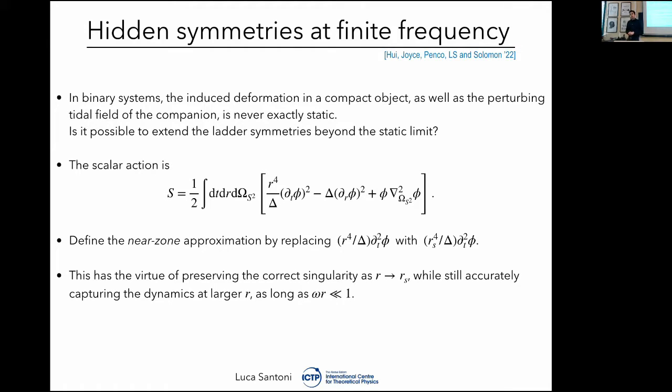Of course, this is an approximation, which becomes correct if you go very close to the black hole. It's not correct if you are far away, but it still captures quite well the dynamics as long as omega r is much smaller than 1.